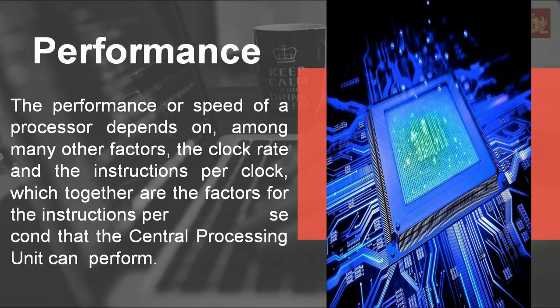The performance or speed of a processor depends on, among many other factors, the clock rate and the instructions per clock, which together are the factors for the instructions per second that the central processing unit can perform.